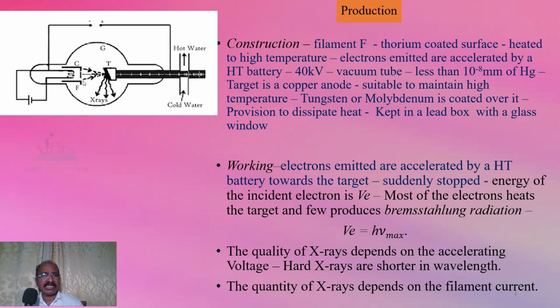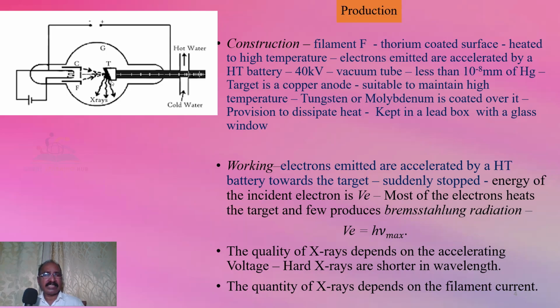These electrons are accelerated with a very high tension battery kept here, and T is called the target material, which is copper, and it is coated with thorium or tungsten or molybdenum.